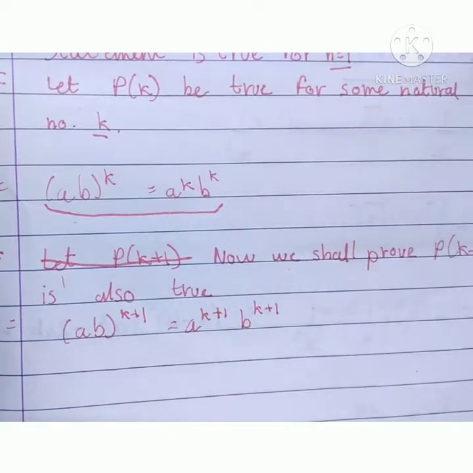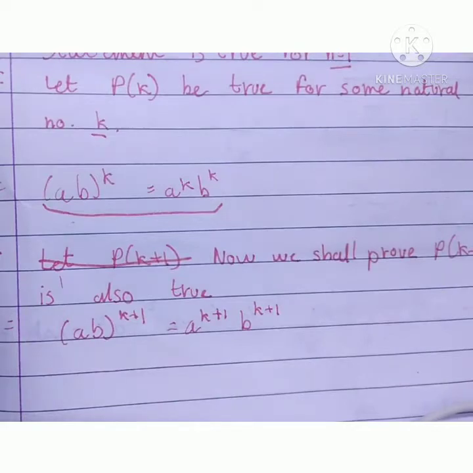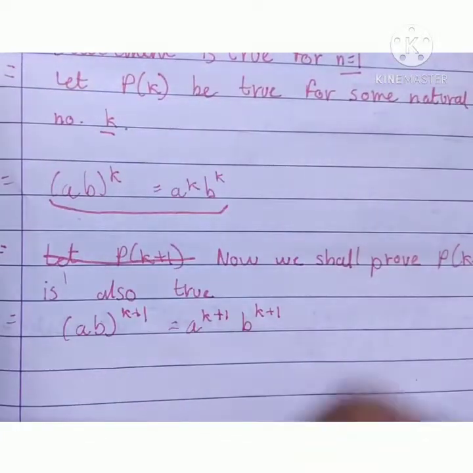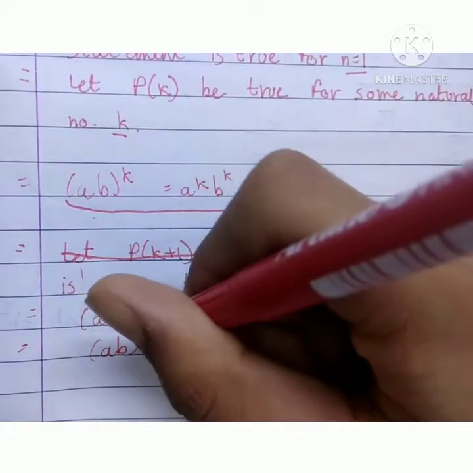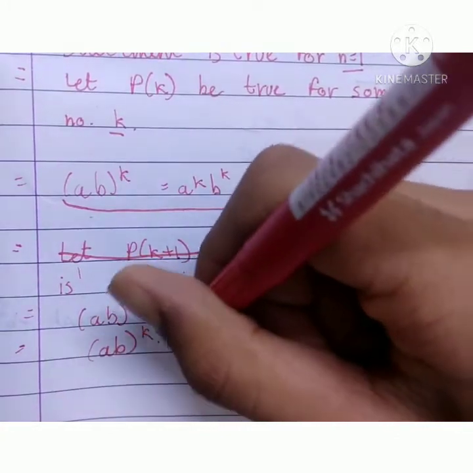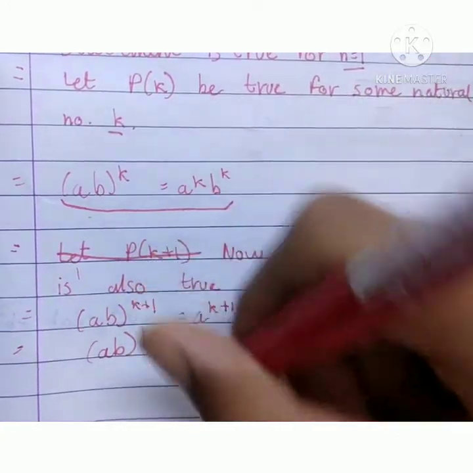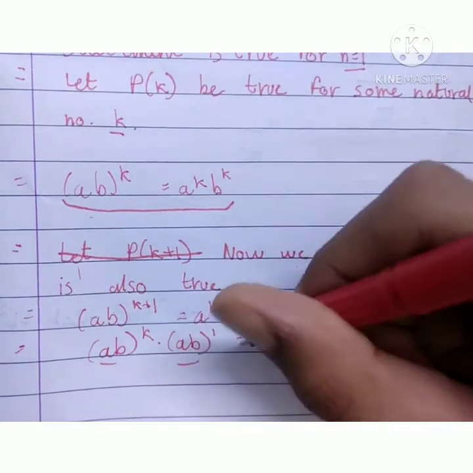Now the equation is pretty easy for us. I can also write it as (ab) raised to k multiplied by (ab) raised to 1, because the bases are the same, so the powers get added.